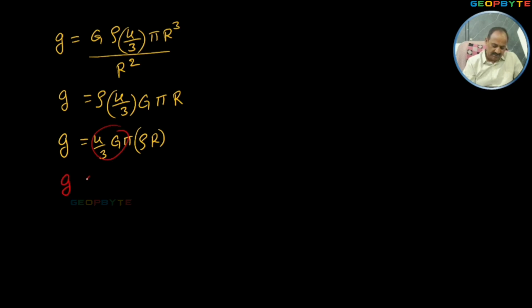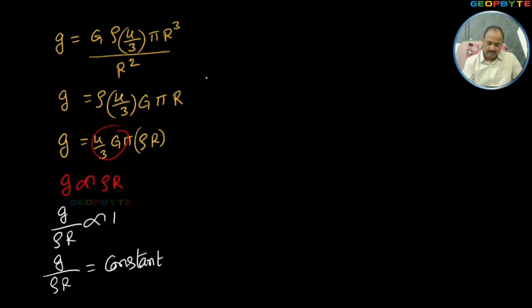Therefore, g is proportional to rho R, or g by rho R remains constant.